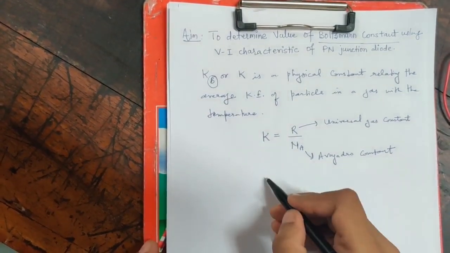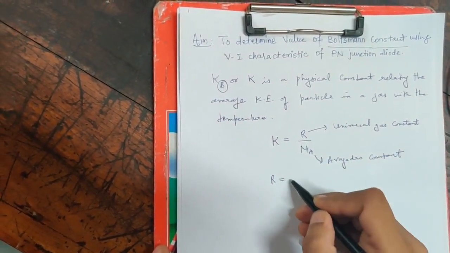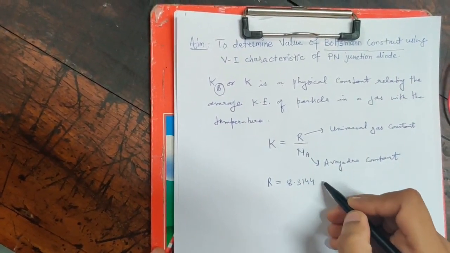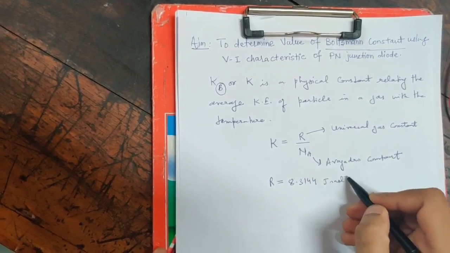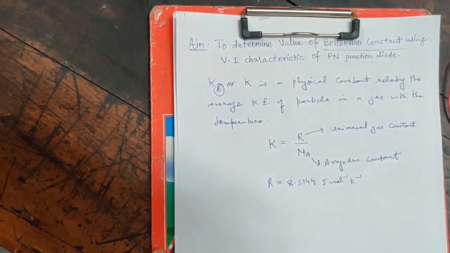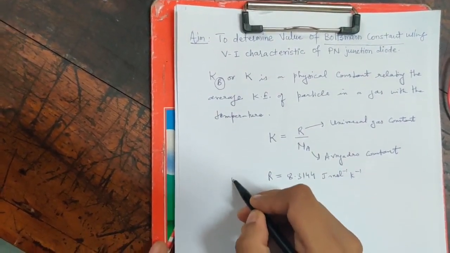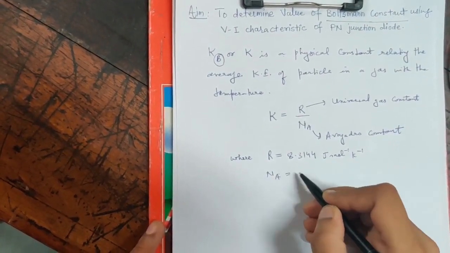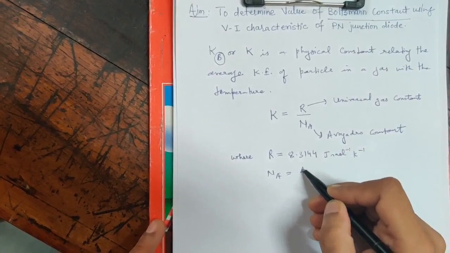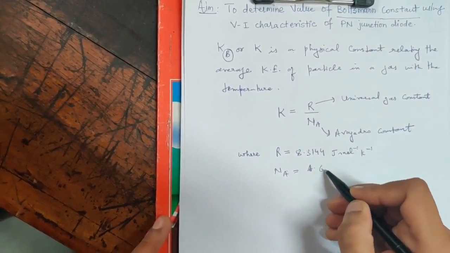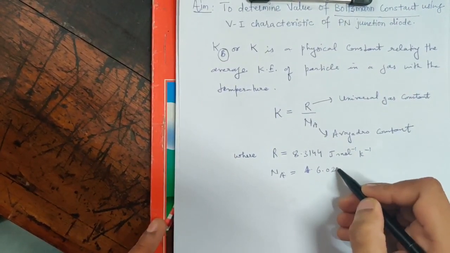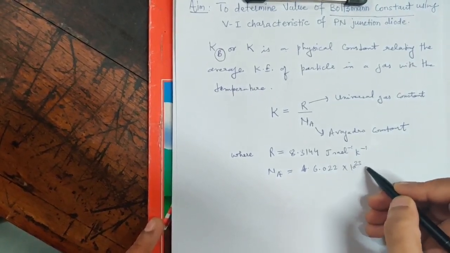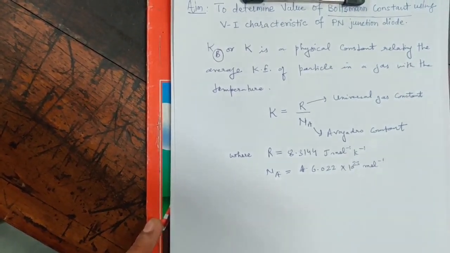We know the numerical value of the universal gas constant, which is 8.3144 joule per mole per Kelvin, and Na is the Avogadro number per mole.